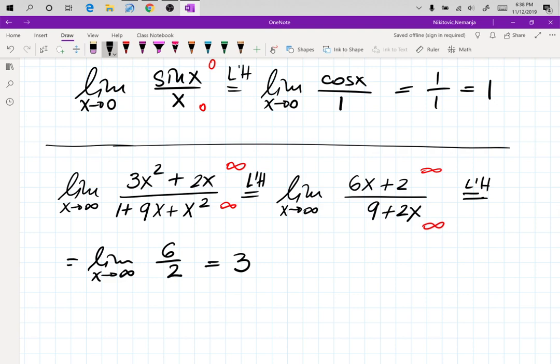Now, let's say you care and you want to check these answers. The way to check the answer is to graph the function, let's say in Desmos, Mathematica, whatever.